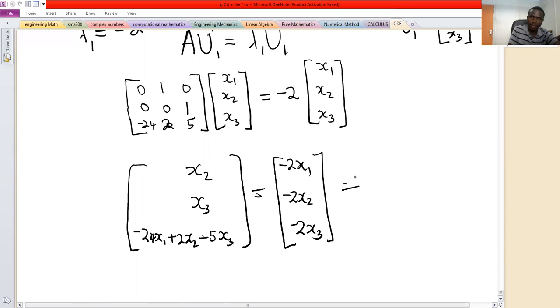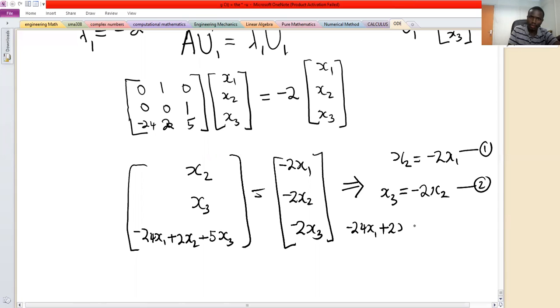From which this implies x2 should be negative 2x1, call this equation 1, x3 should be negative 2x2, call this equation 2, and minus 24x1 plus 2x2 plus 5x3 should be minus 2x3. Call this one equation 3.